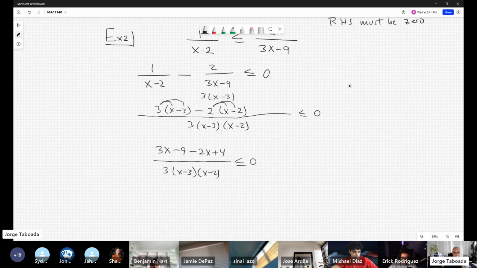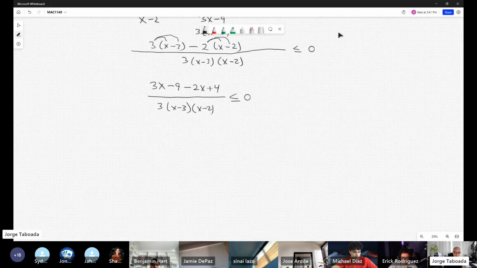Almost, I finish. Not yet, because I combine like terms. 3 minus 2 is 1x, and negative 9 and positive 4 is negative 5, over 3, x minus 3, x minus 2.